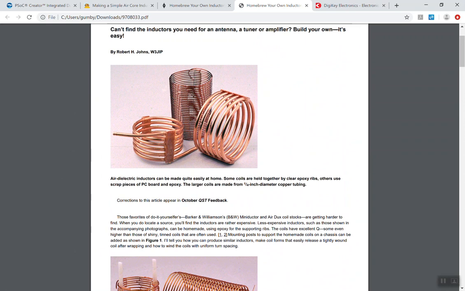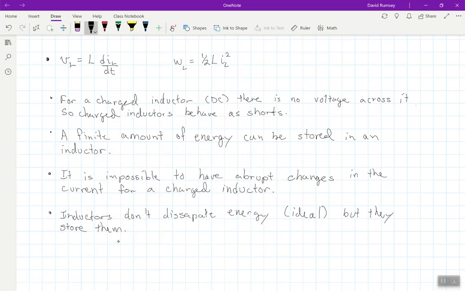There are some inductors in the lab in the millihenry range, which is pretty large, and the resistance on them is actually a couple hundred ohms, because there's just so much wire on them. So real inductors absolutely will have resistance, but for the ideal ones, which is what we're looking at in this course, they don't dissipate energy, they only store it.